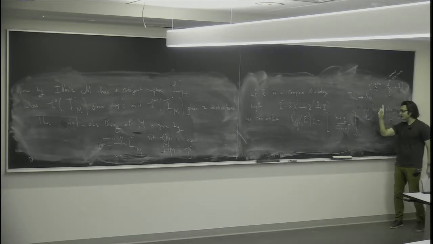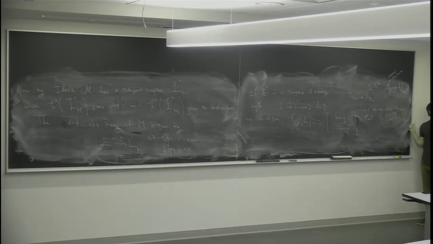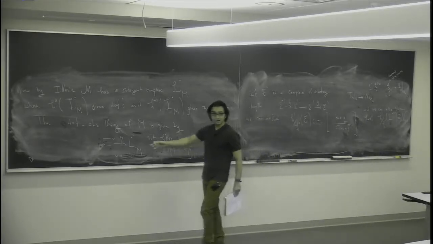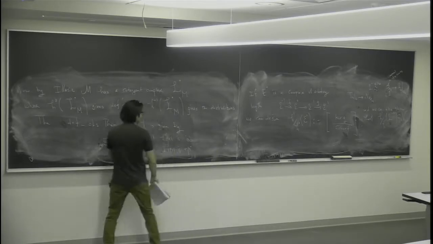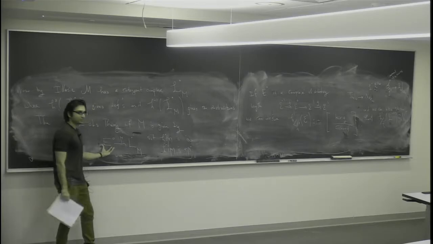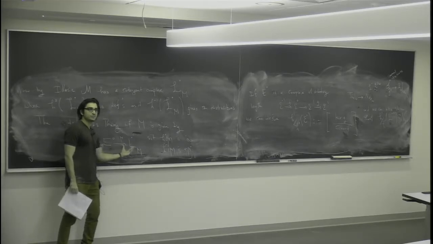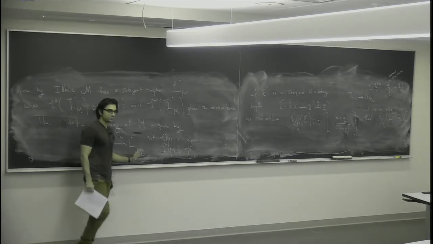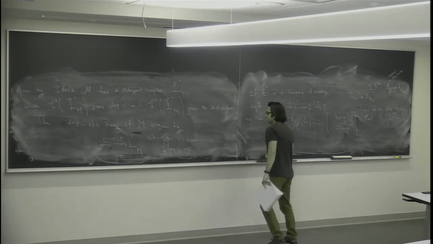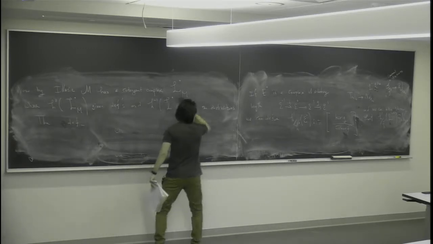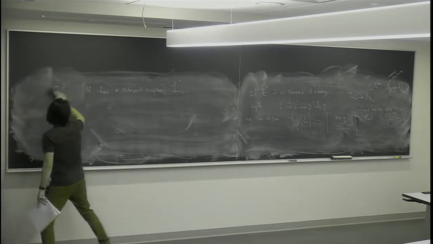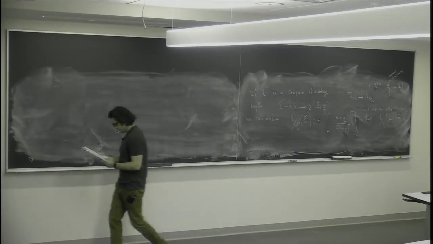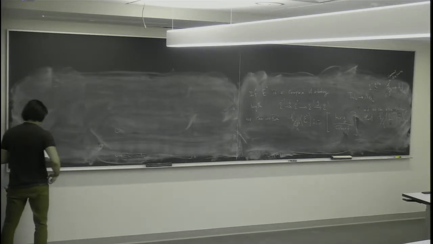Then this induces a map H1, H0 of L dot M dual into H1, H0 of E dot dual. The fact that this is an injection can be seen by the fact that at the H^-1 level, this map is a surjection. So this gives you a map like that.